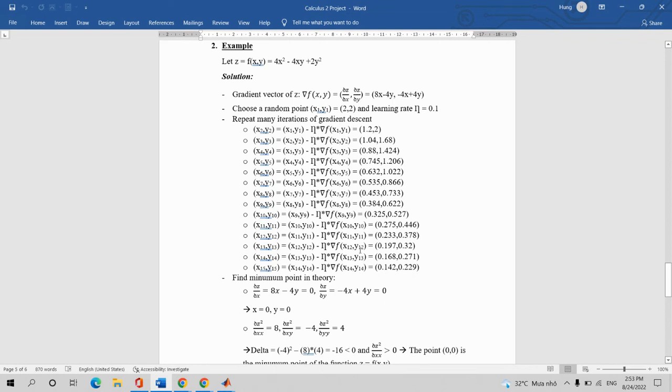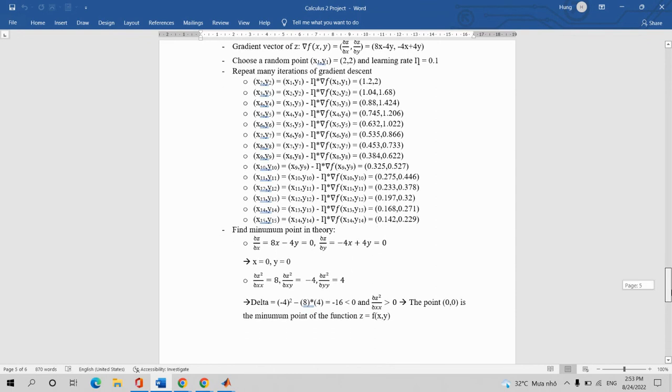First, we get the equation of the partial derivative of z with respect to x equal to 8x minus 4y equal to 0, and the equation of the partial derivative of z with respect to y equal to minus 4x plus 4y equal to 0. So x equals 0 and y also equals 0.